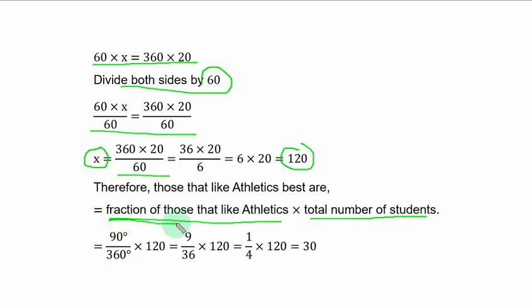The required fraction is simply sectorial angle for athletics over total angles times total students. This expression simplified to this and this, and finally you have 30 students that like athletics best.